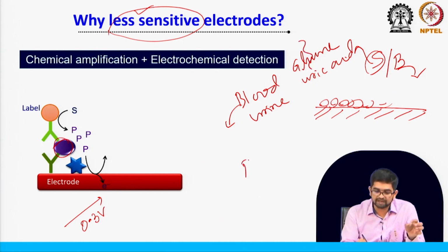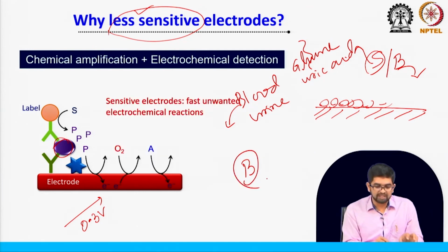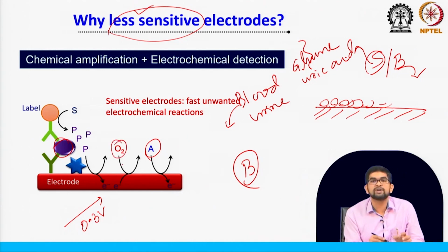So, basically your background current is increasing. See your electrode: interfering species like uric acid, ascorbic acid, glucose can also oxidize. Your sample also contains dissolved oxygen, O2, which can also take part and release electrons. So, they cause some extra background.